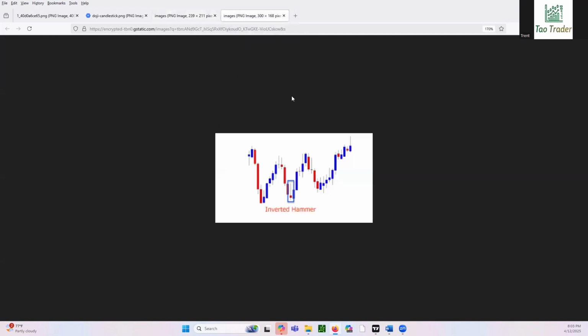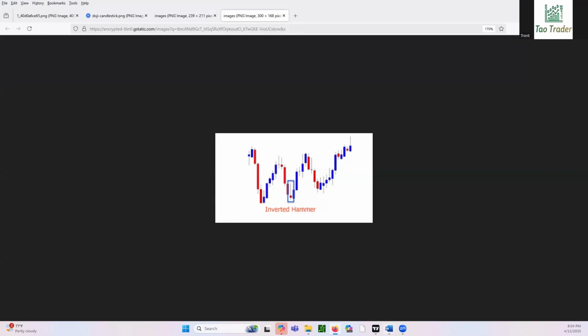In both cases, a hammer candlestick would be considered bullish, because it tried to sell, but it failed and actually ended up closing above where it opened. The opposite of a hammer is an inverted hammer, which is bearish. It opened, tried to go up and continue upward, but failed, came back down below the open and closed.